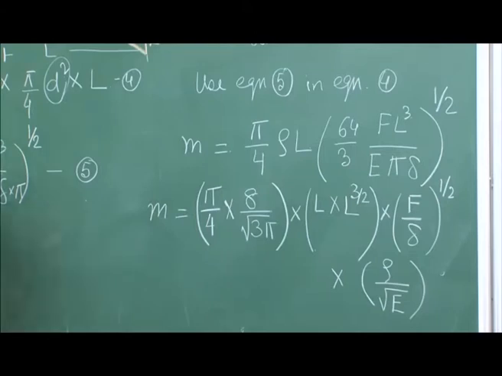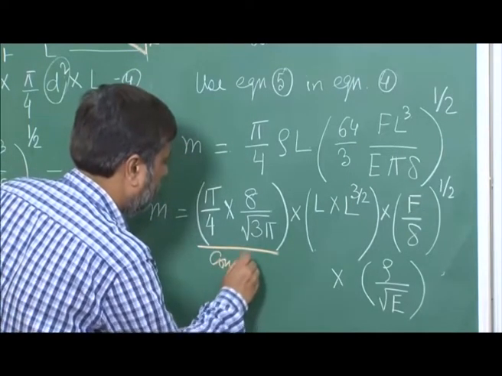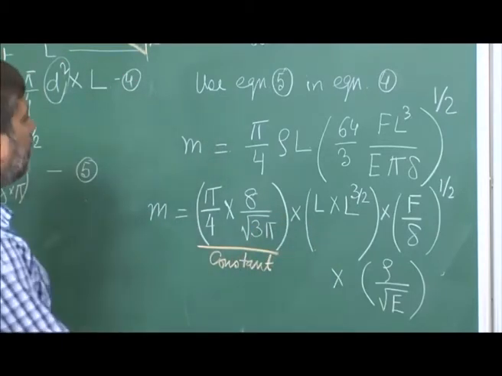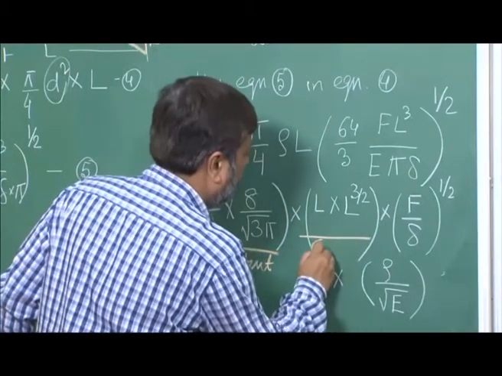The first part is the constant. The second part is a geometric parameter.